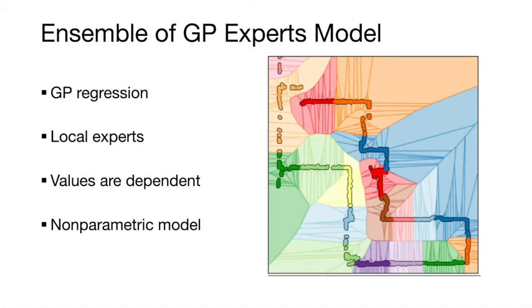The values in the Gaussian process regression are dependent on each other, and therefore we can update the model even though we don't have observations directly in a specific position, and we can fill in gaps of missing data, and we can deal with sparse observations.